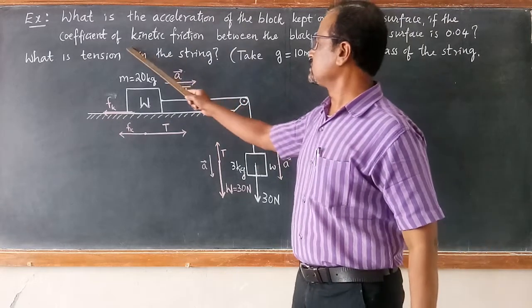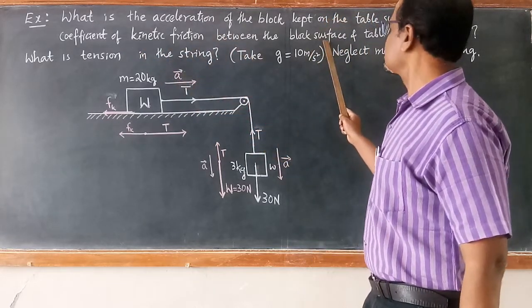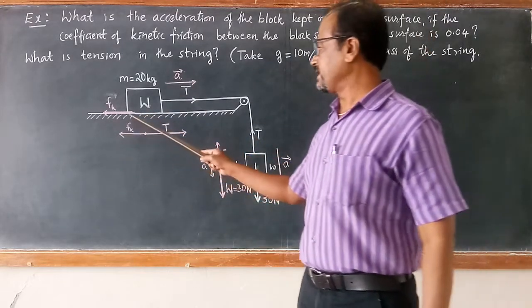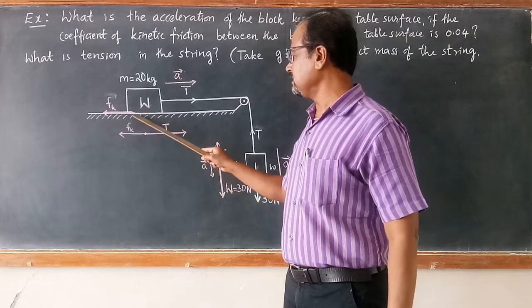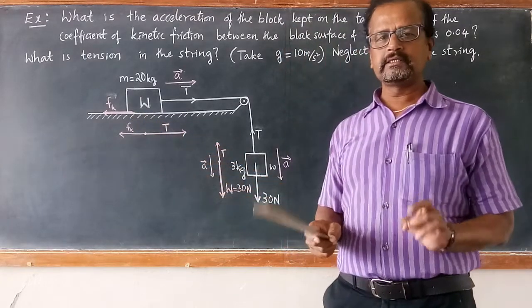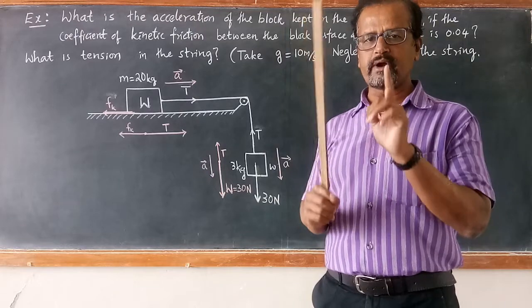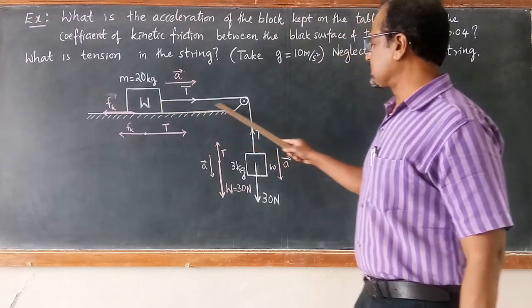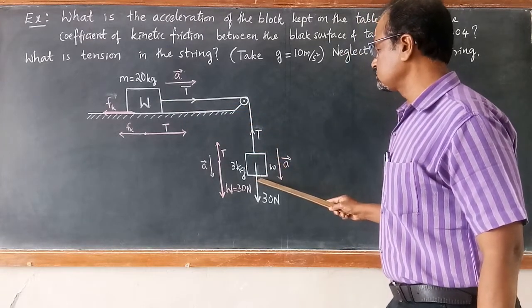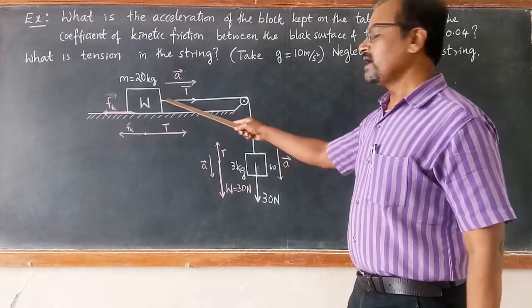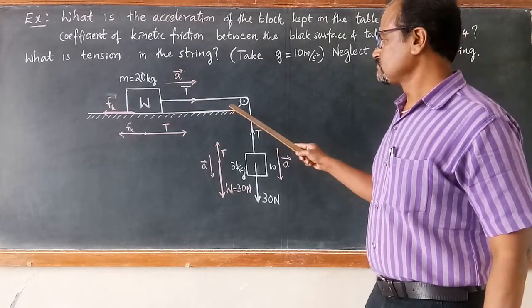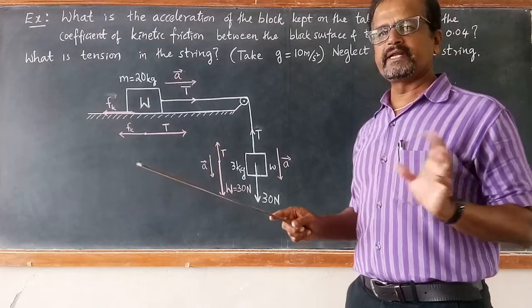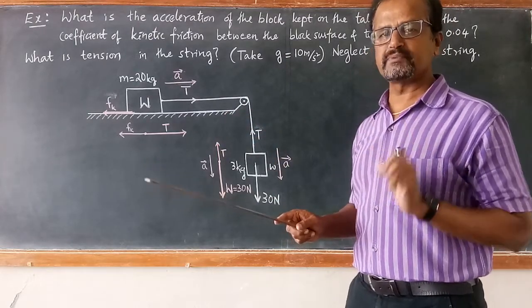If the coefficient of kinetic friction between the block surface and the table surface in contact is 0.04, and this block is connected to this small block of 3 kg with the help of an inextensible string, with the help of a pulley, and the pulley is also a very smooth frictionless pulley.